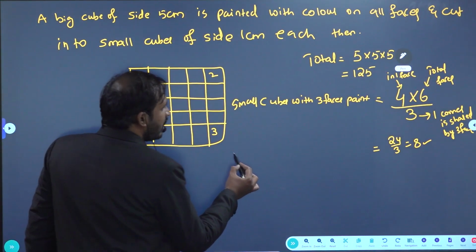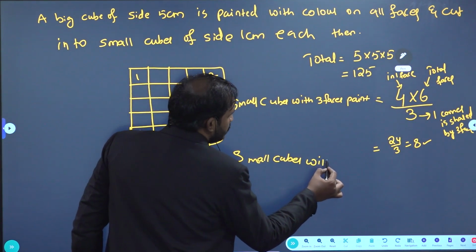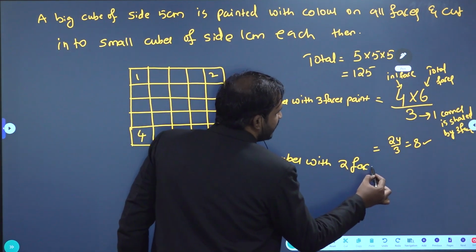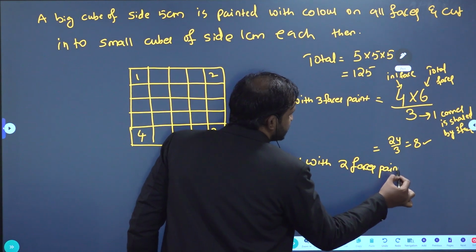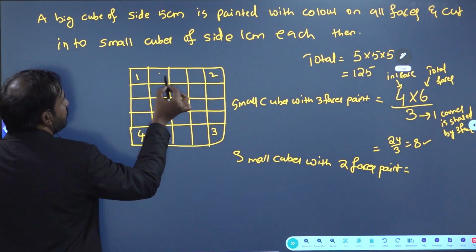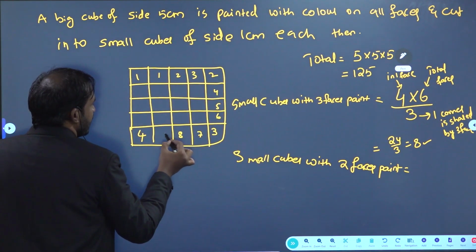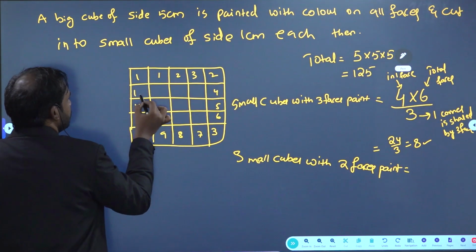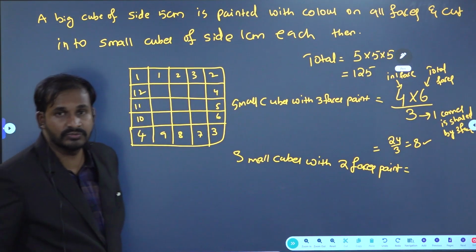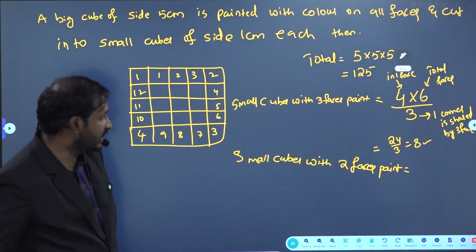Next, small cubes with two faces painted. Tell me where the cubes with two faces painted will be: on the edges. So please count the edge cubes on 1, 2, 3, 4, 5, 6, 7, 8, 9, 10, 11 and 12. In one face I will have 12 edge cubes.